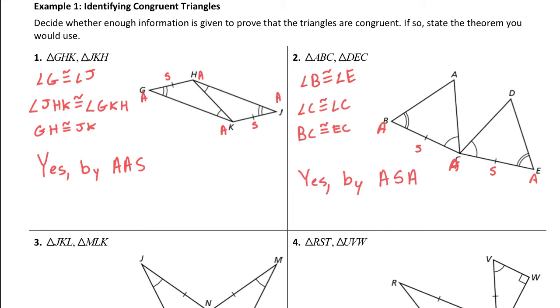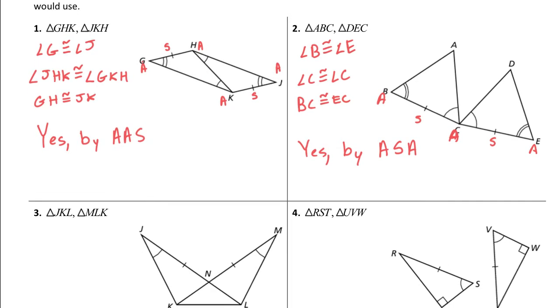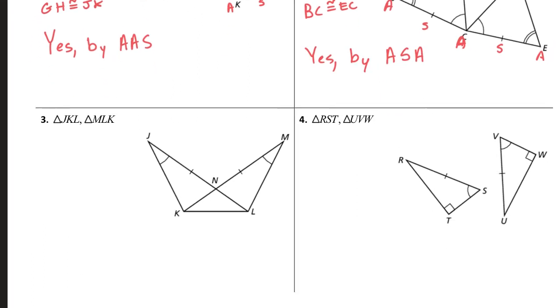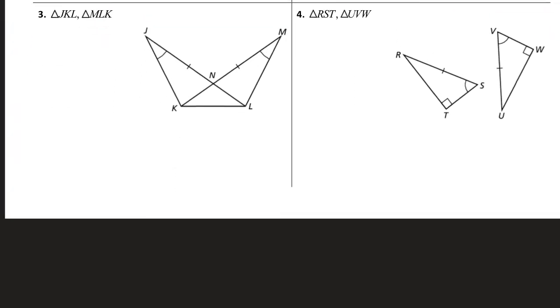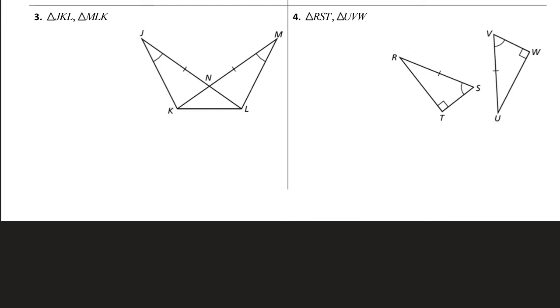So it's picking out what we can assume and what we can't assume with our triangles. For number 3, it's JKL and MLK. So this is important. There's a triangle on the left and a triangle on the right.